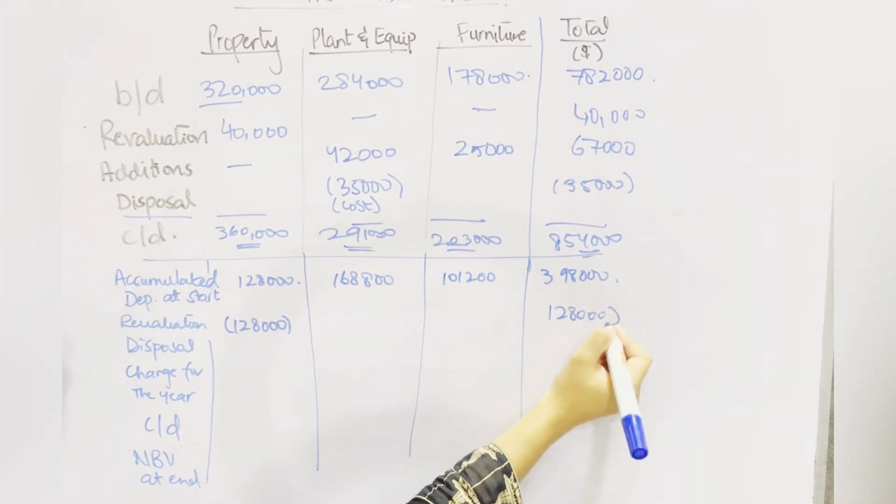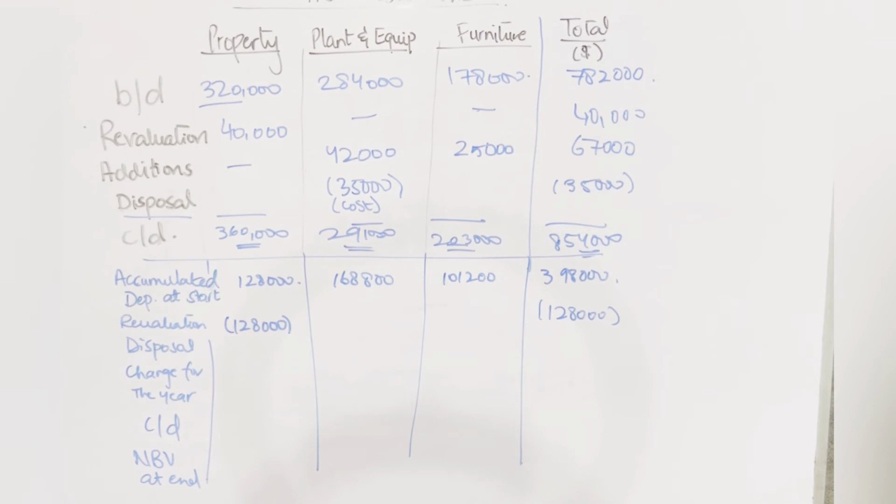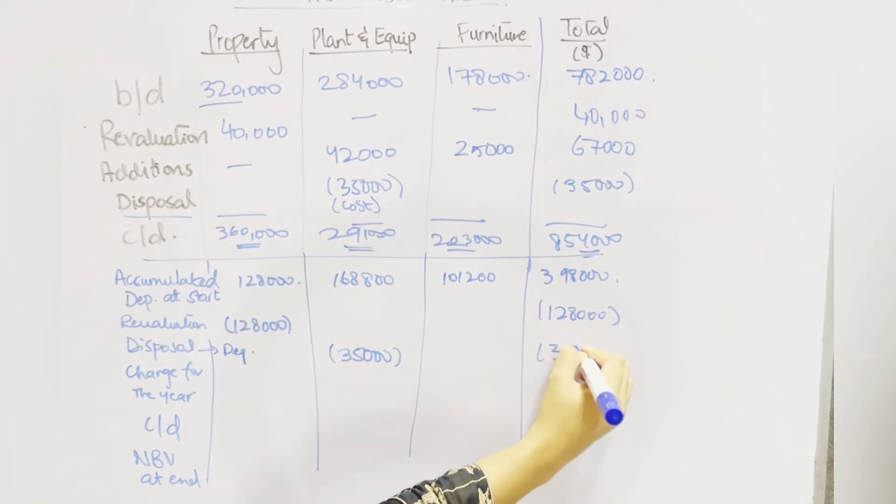And it will also be subtracted here. The next thing is that you're supposed to write the disposal. Again, for disposal, here you're supposed to write the depreciation amount. But we read in the question that it was fully depreciated and scrapped, which means this depreciation is the same as the cost. Hence 35,000 is the same depreciation that you're supposed to remove, and you will be subtracting here.